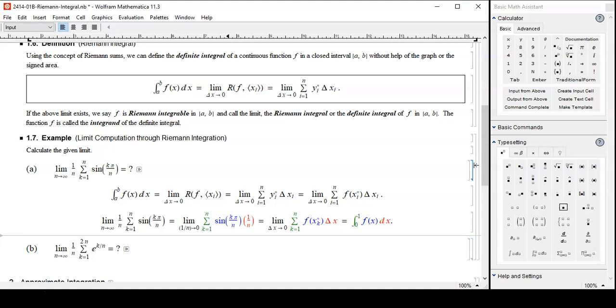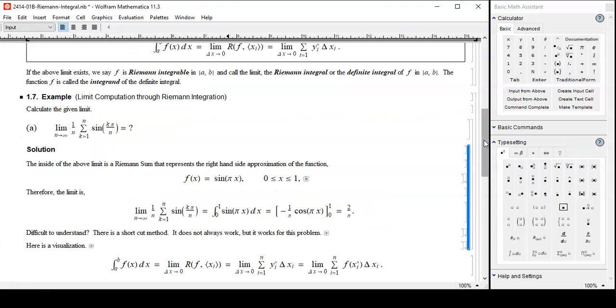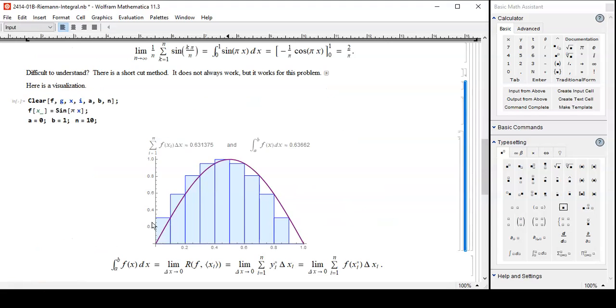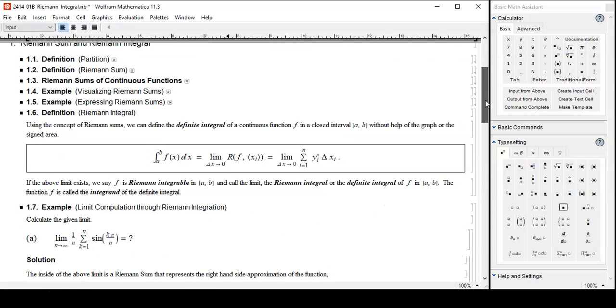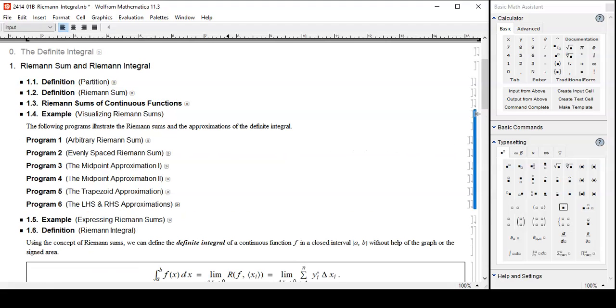Okay, a picture would help. Here is sine of pi x going from 0 to 1, and then the right-hand side approximation. Because you see we have xk star or xi star, not xi minus 1. Let's see, where is the visualization?